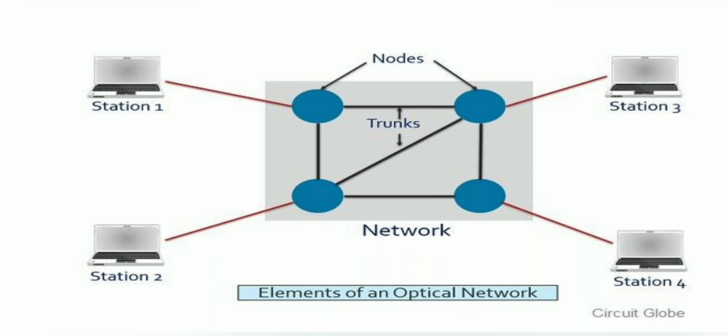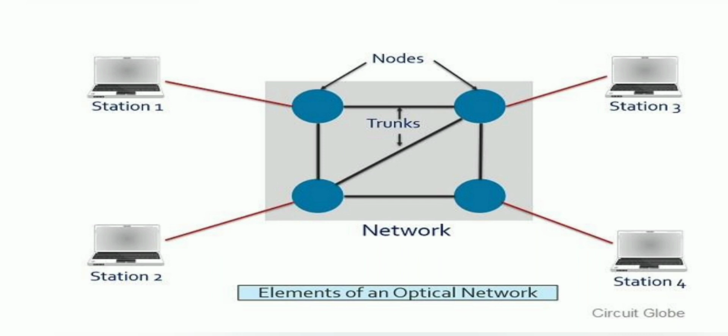And next comes a router. A router is basically placed inside an optical network to provide a suitable path for signal transmission.